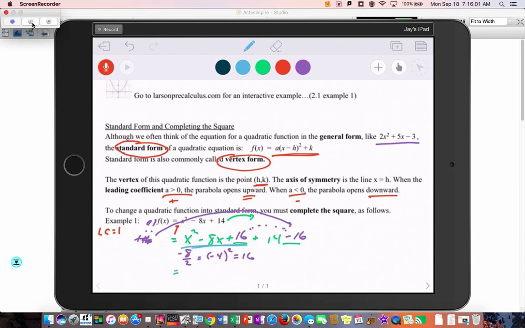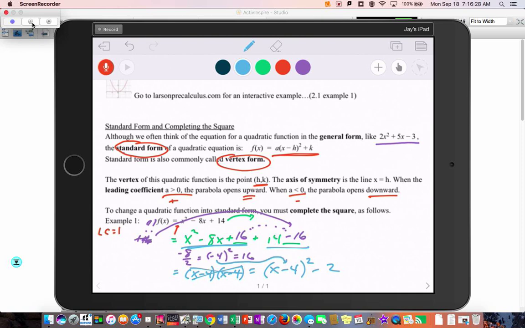Now, the nice thing is, this right here factors into x minus 4 and an x minus 4. But I'm not going to write it that way. I'm going to write it x minus 4 quantity squared, and then these two things add up to negative 2. But even if you have a hard time factoring, what you'll notice is this number that you put in parentheses is the one that goes right there.